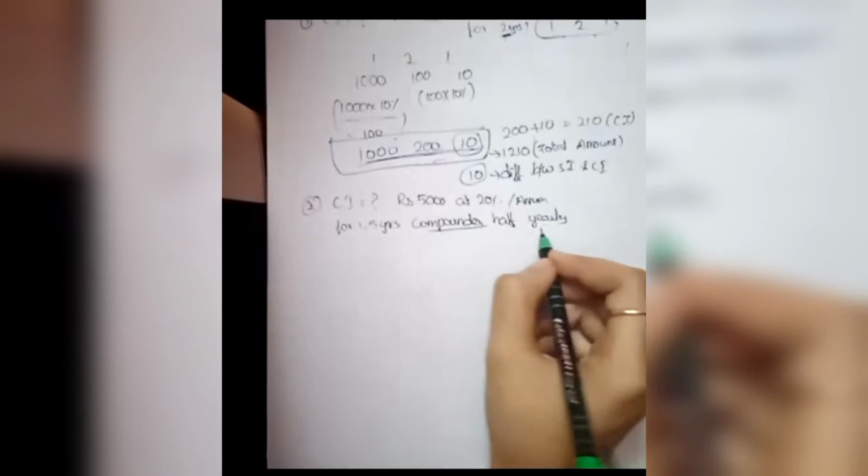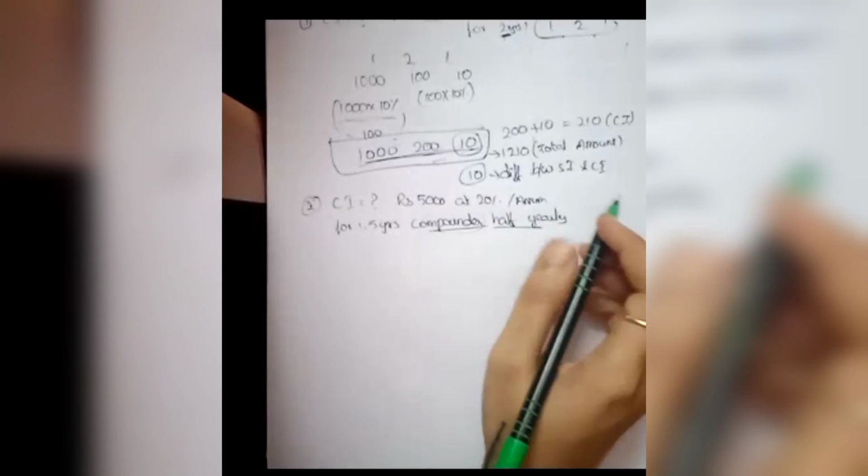As I said, compounded half yearly means compound interest, and half yearly is also given. Half yearly means you have to change r to r by 2. Whatever the r value is, you have to divide it by 2. And the n value is 2 into n.